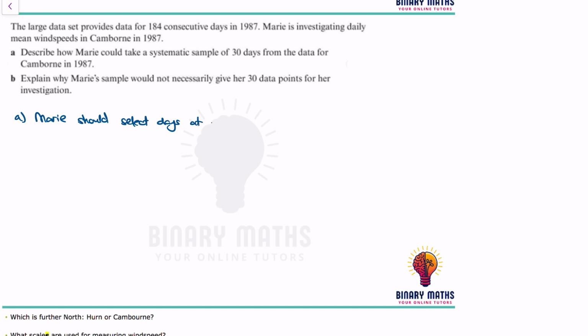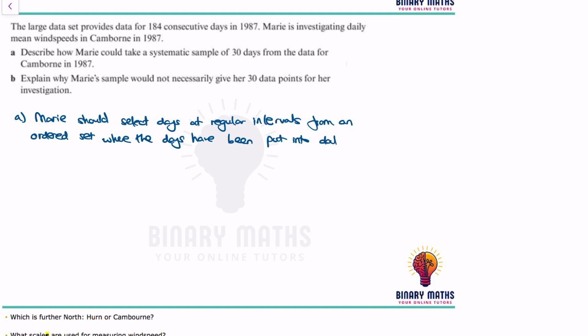So systematic is the one with the regular intervals, from an ordered set, where the days have been put into date order.